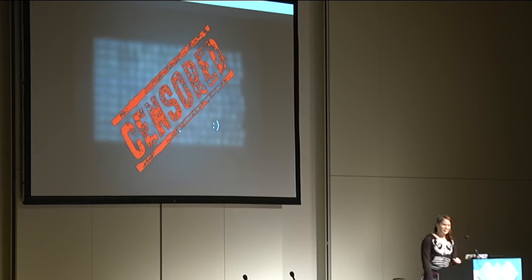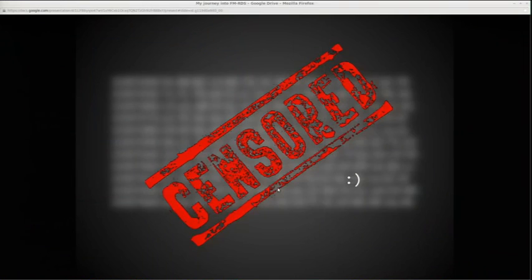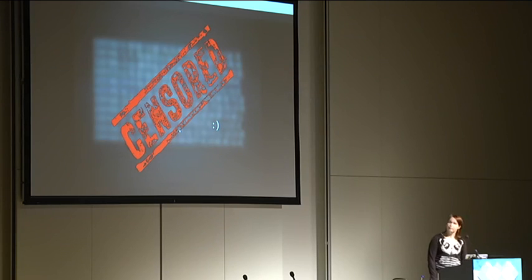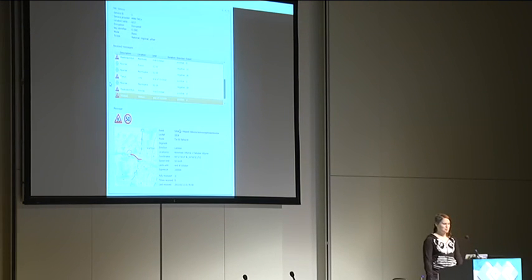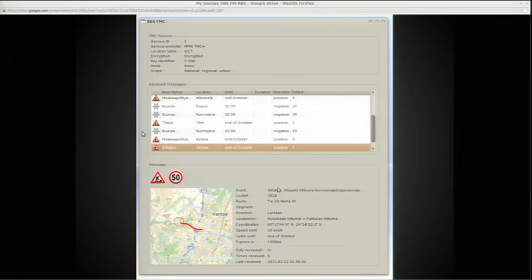And here they are, because I wouldn't want to get in any more trouble with this. Well, yeah, I ended up finding all the keys. And here is a prototype receiver that I wrote. It's receiving the messages and showing me a little map of the announcement.